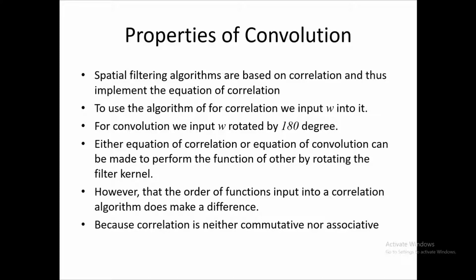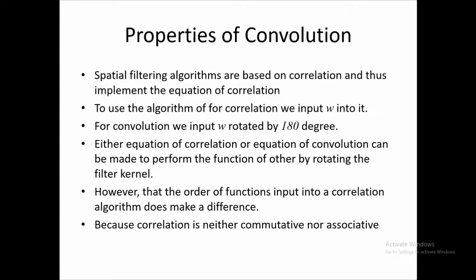To use the algorithm for correlation, we input w into it, and for convolution we input w rotated by 180 degrees. Either the equation of correlation or the equation of convolution can be made to perform the function of the other by rotating the filter kernel.